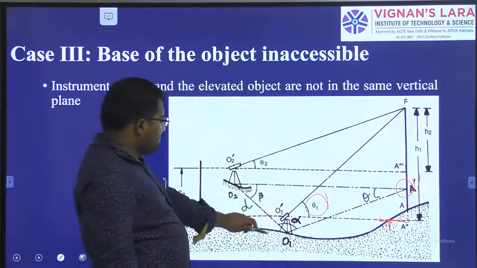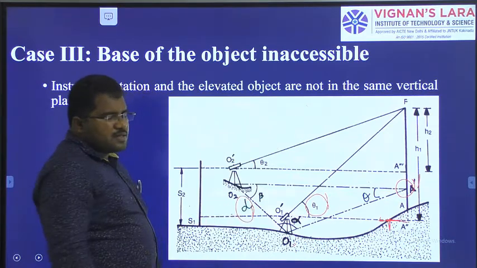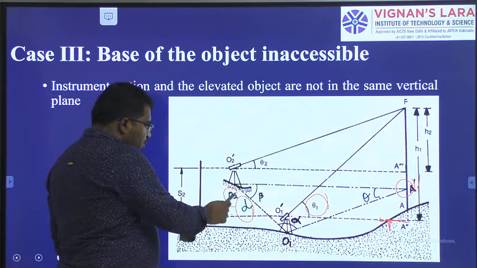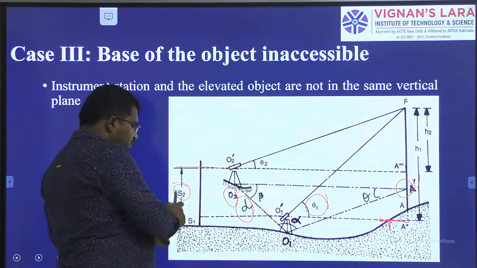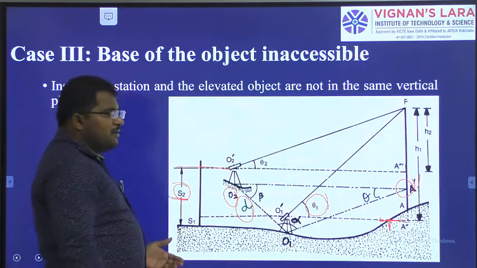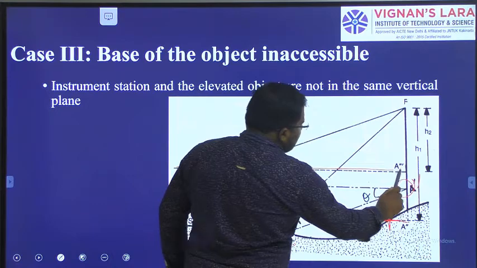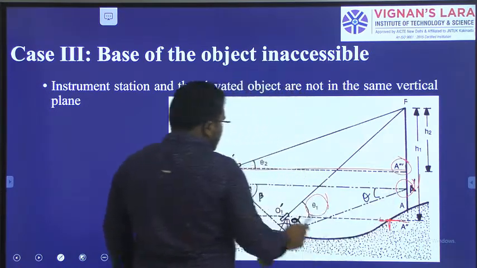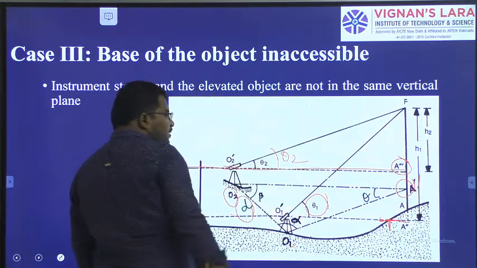You shift from this location to another location at a horizontal distance of small d, that is point O2. If you measure back to the benchmark, you are going to get the S2 value. Then if you sight towards the same line, it goes up to A triple dash. From here, if you sight F, you are going to get a value of theta 2.